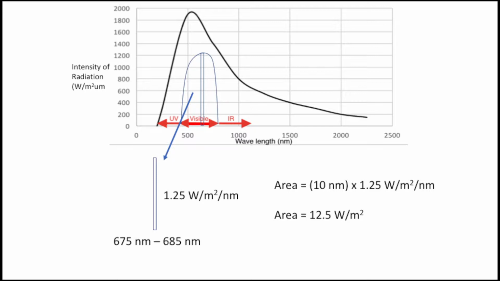This means that every second, 12.5 joules of energy from the sun falls on a 1 meter square patch of ground on the Earth. But our question is, how much energy falls on PS2, which is much smaller than 1 meter squared? It is actually 11 nanometers squared.